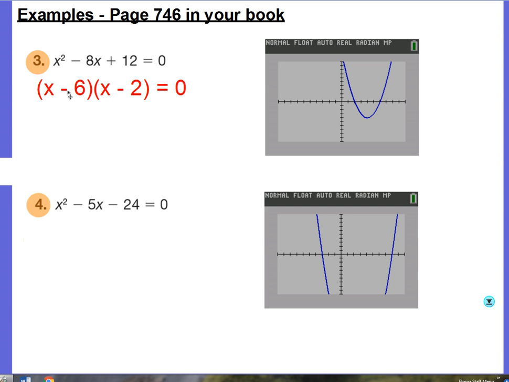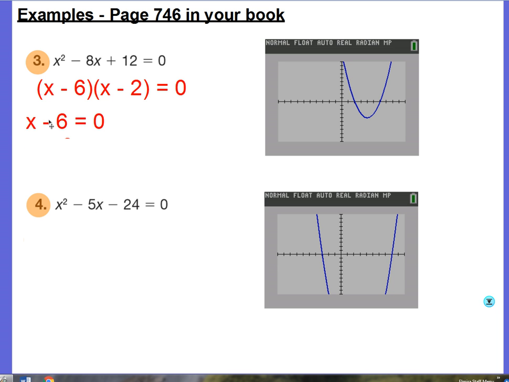Signs have to be the same. They both have to be minus, and 6 and 2 work. Now what I want is to figure out what numbers could make each of these factors a 0. So I'm going to take each one, so I'm going to take x minus 6 equals 0.